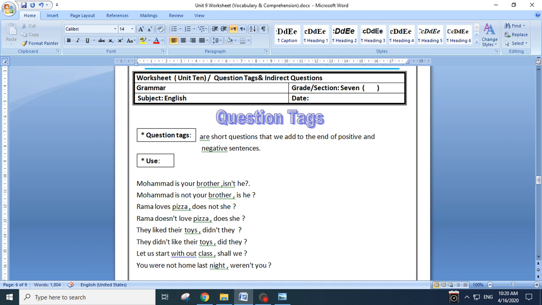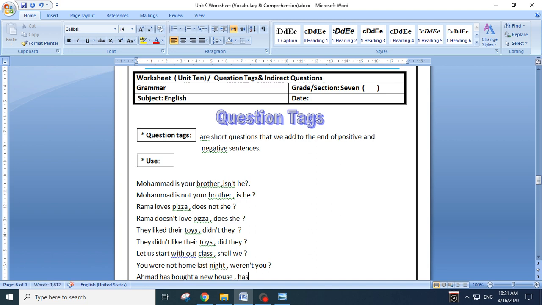Okay, next one. Let me use past perfect or present perfect. Let's say Ahmed has bought a new house. Now this one is present perfect, so I have to use the auxiliary in the sentence, which is has.